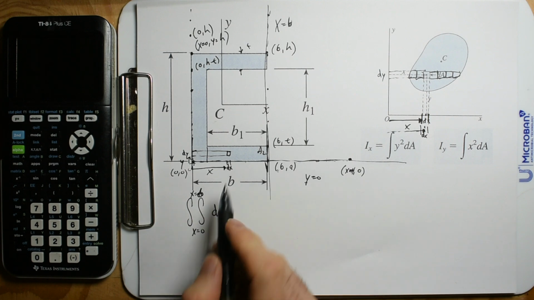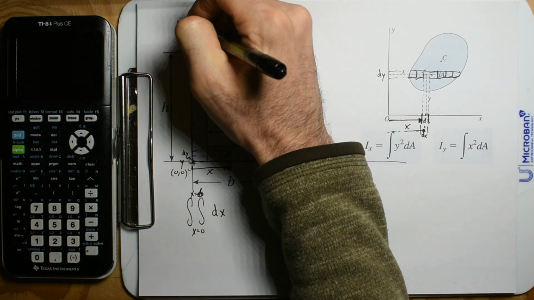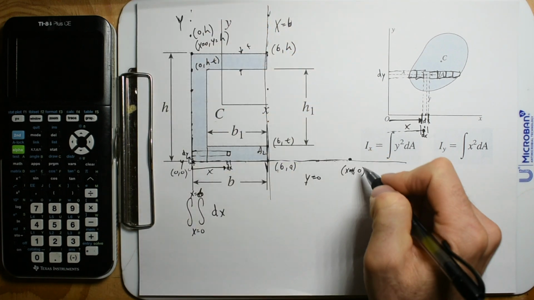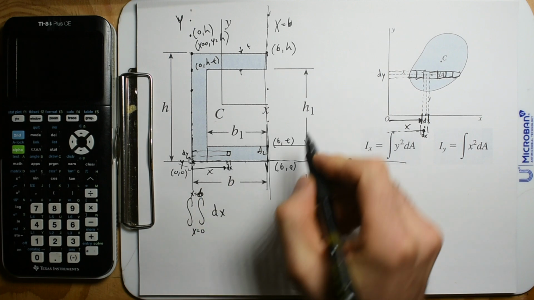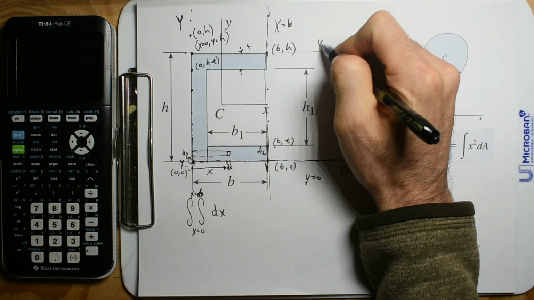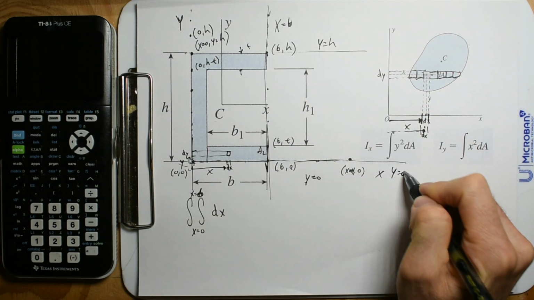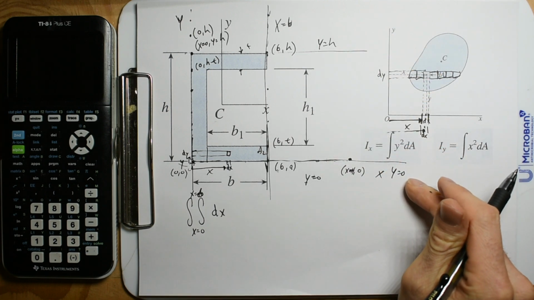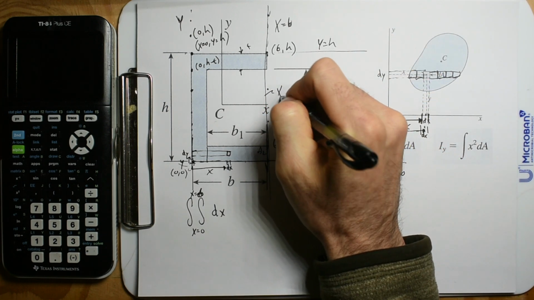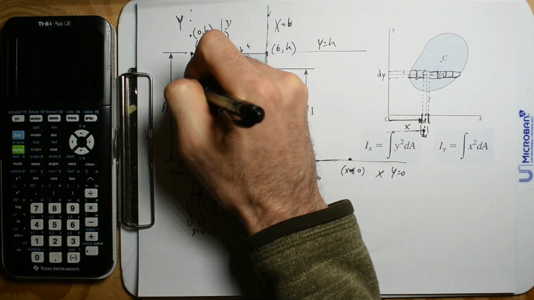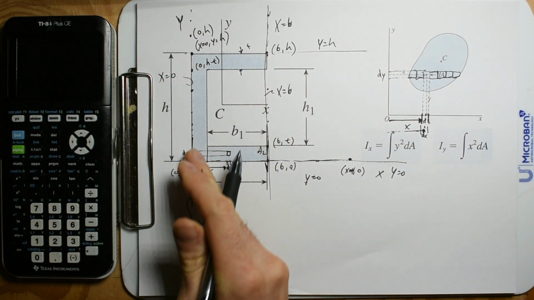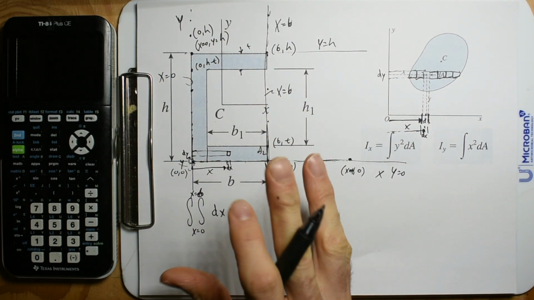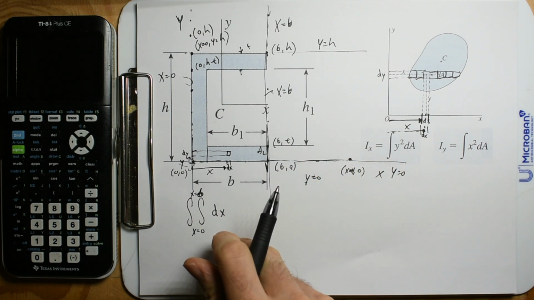We're so familiar with y being the vertical and x being the horizontal: this is an equation y is equal to h, and this is an equation y is equal to 0. Off the top of my head, I can see that this is x equals b, and this equation is x equals 0. I have a harder time doing that, so that's why I went over all that.